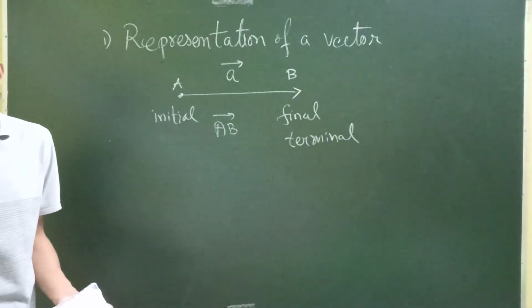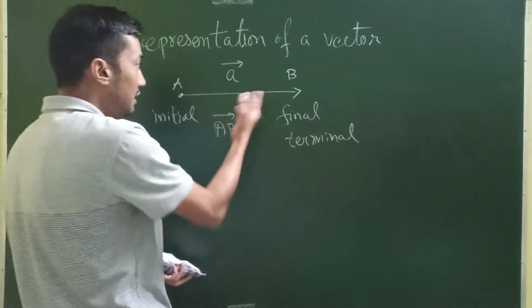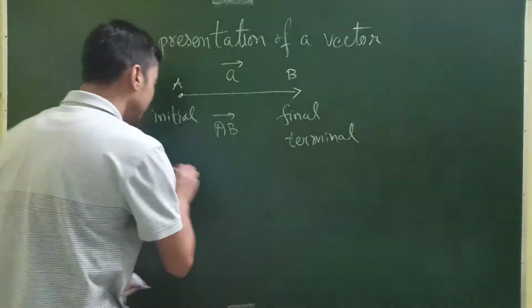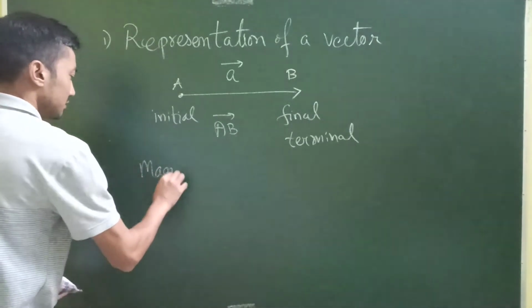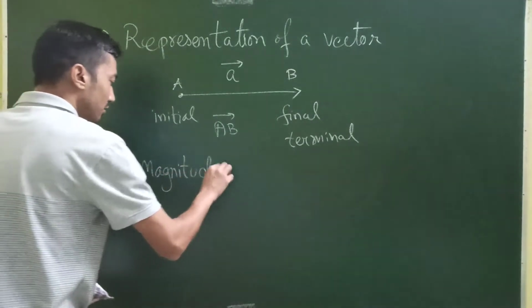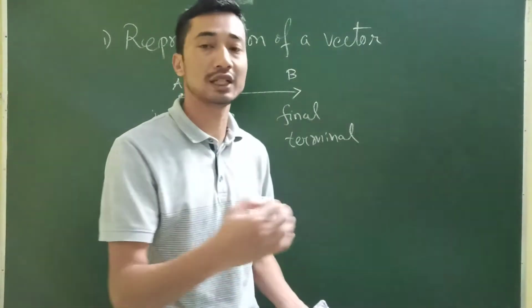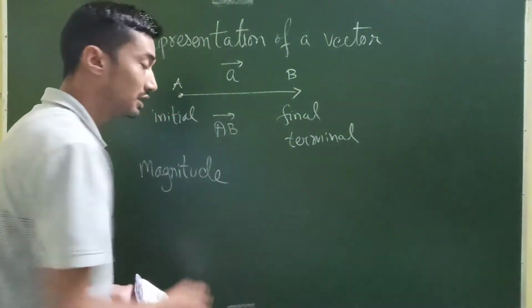Like magnitude. So this AB is in terms of vector form. How do we find out its magnitude? Because as we had studied, what is a vector? A vector is a physical quantity which has magnitude as well as direction. So direction is already denoted here.